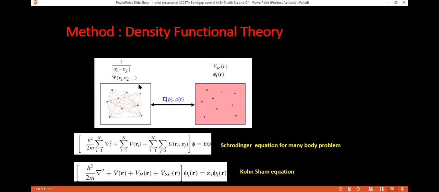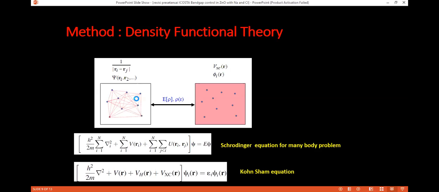Solid state consists of huge numbers of electrons which interact with each other. So the Schrodinger equation for this system should be very, very complicated or unsolvable. You can see this complicated Schrodinger equation because this is actually a many-body problem.